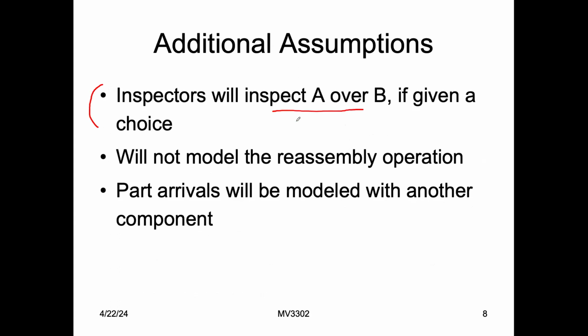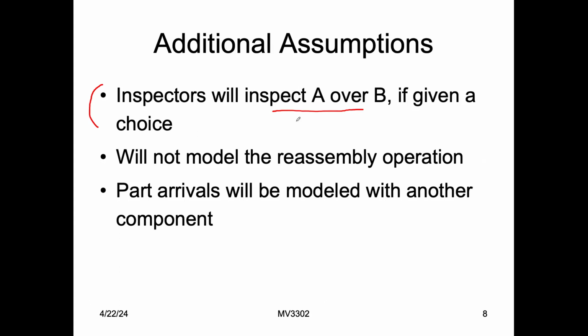Again, presumably at some point there's going to be a reassembly of this, and that would be a different component. So that's where the modeling virtue of 'that's not my job' kind of comes in. So we're just modeling this one piece of it.